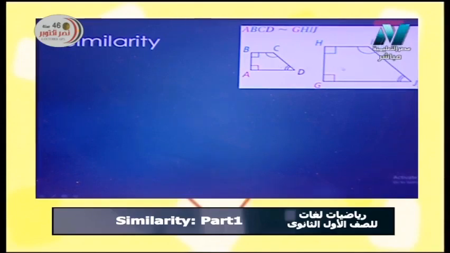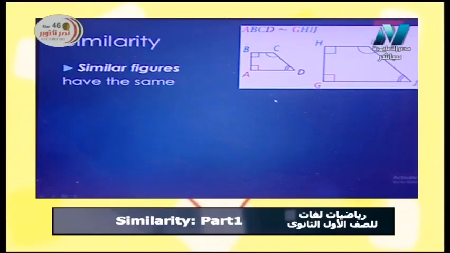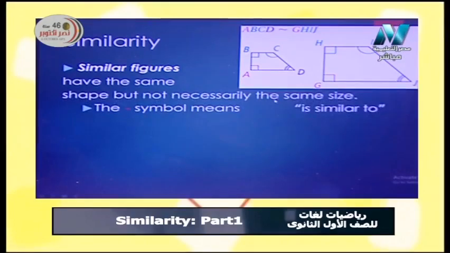They may differ in size, or even be congruent, and they are similar if they verify the two conditions. Similar figures have the same shape, but not necessarily the same size. These two quads are different in size, but they are similar.